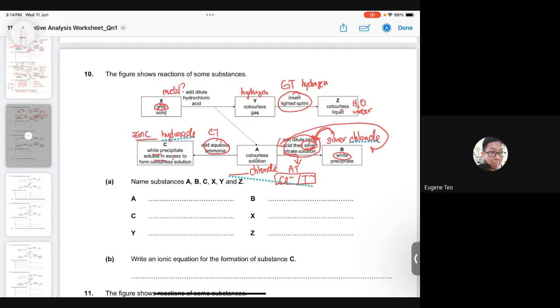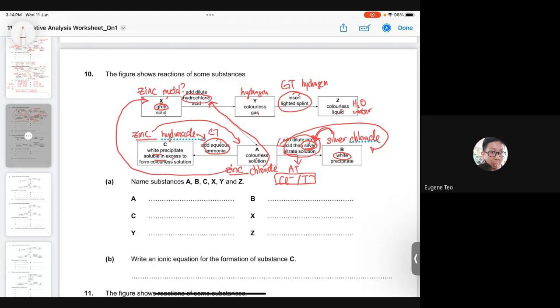The hydroxide comes from the aqueous ammonia. Then the zinc must have come from my solution A. So therefore, I know A contains zinc chloride. Now, how did I get A? A was a reaction of a metal plus dilute hydrochloric acid. So I know the chloride comes from the dilute hydrochloric acid. Therefore, the zinc must have come from the metal. So X itself must be zinc metal.